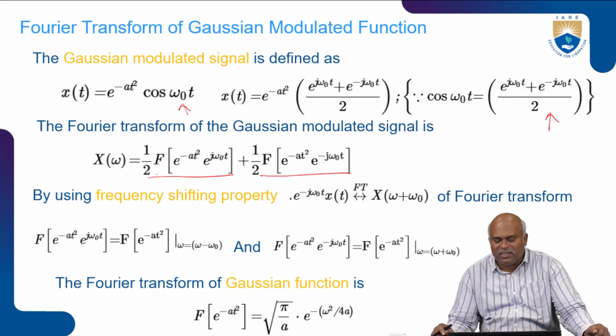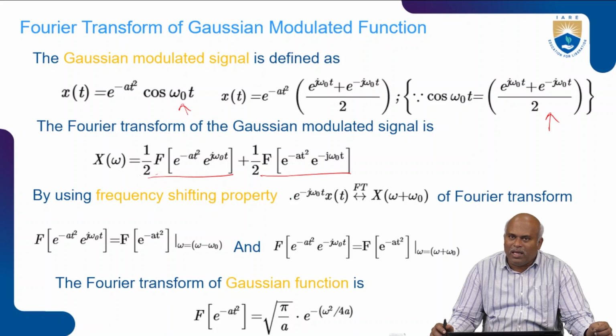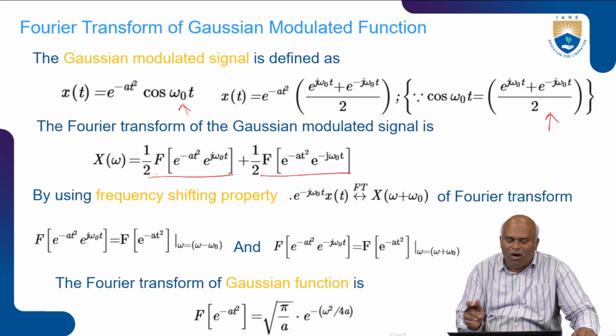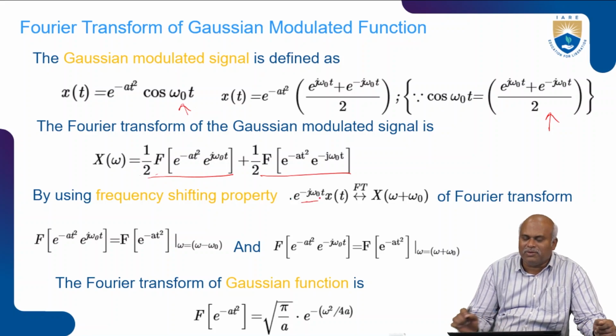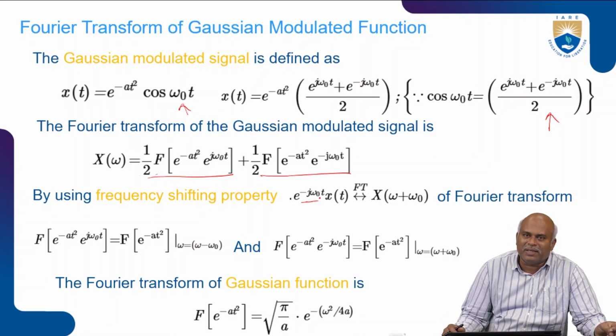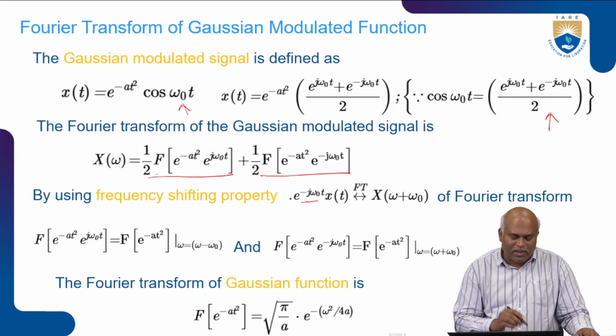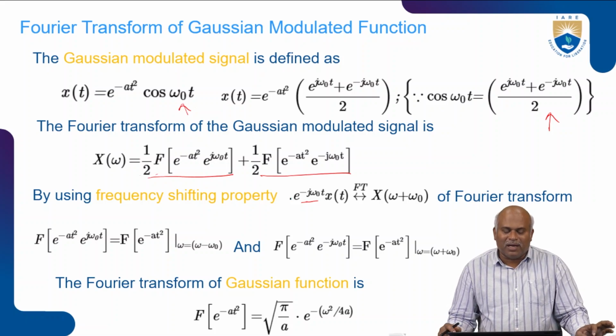By using the frequency shifting property, if you multiply by the exponential in the input side, the Fourier transform in the output side is a shifted version. That is the frequency shifting property, and we need to adapt it here for the Gaussian modulated function.